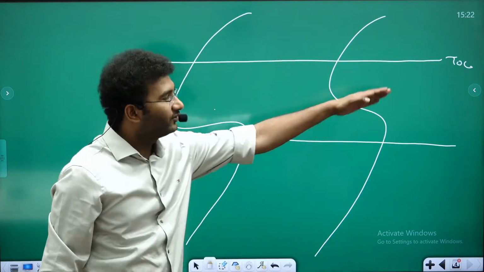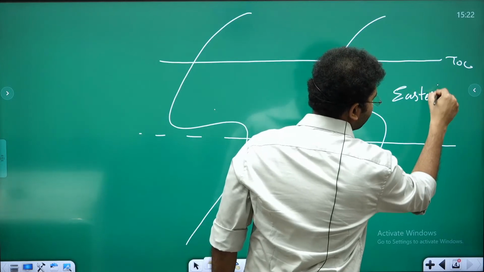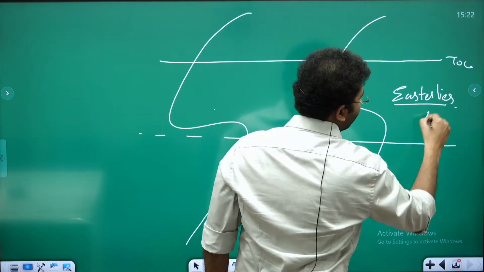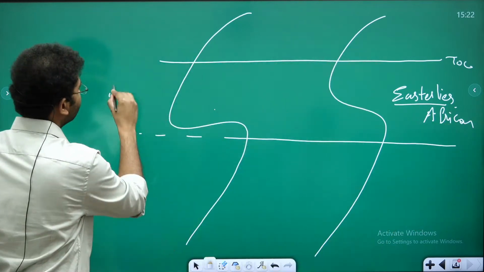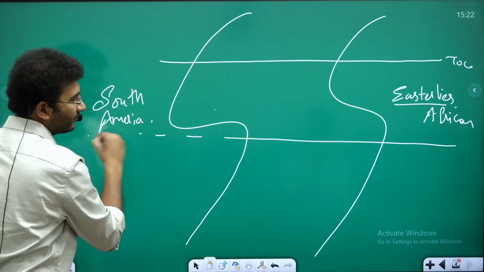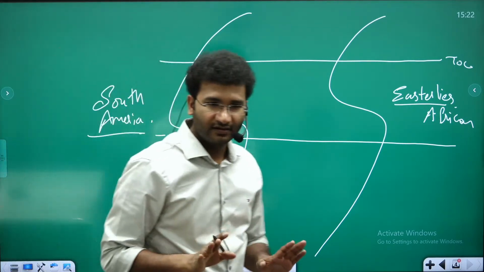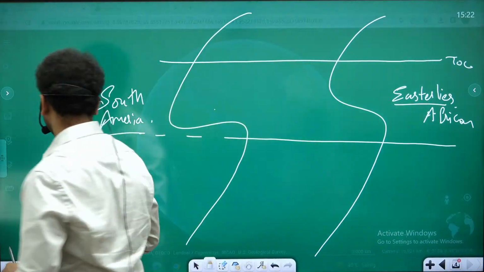Now here somewhere you have the equator, and then you have the Tropic of Cancer. In between you have the easterlies. That means this is your African region, right? And this is your South America. Do you agree? Clear? So we'll try to understand what exactly is happening here.